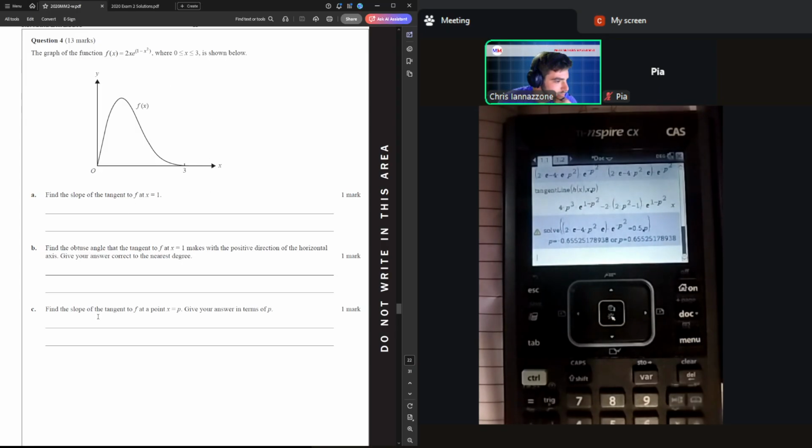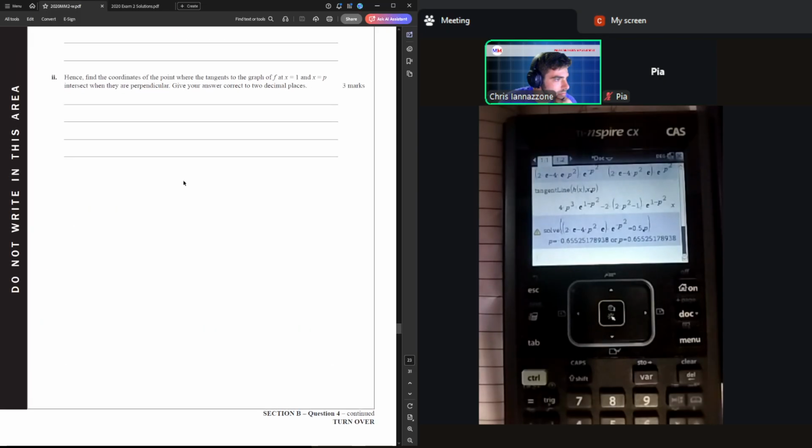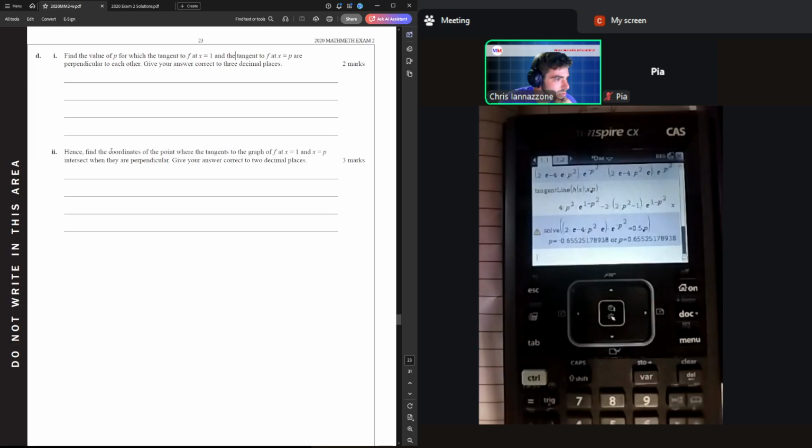Cool. And then the last part: find the value of p, hence find the coordinates where the tangents at x equals 1 and x equals p intersect when they're perpendicular.